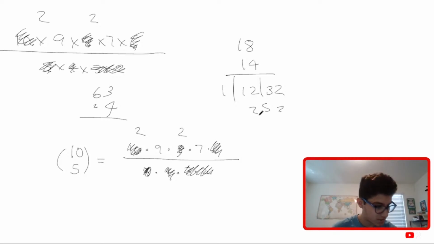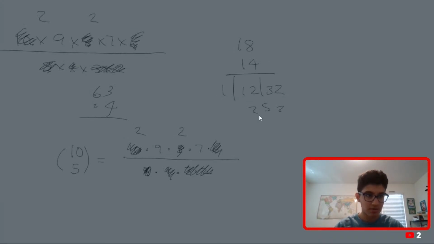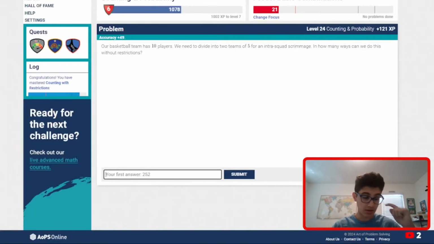If anyone else is here, what do you think is wrong in this? Did I calculate it wrong, or am I going about it the wrong way? Just write in the chat what you think. Let's just check. What is 10 choose 5? 252, yeah. So obviously I'm doing that wrong.